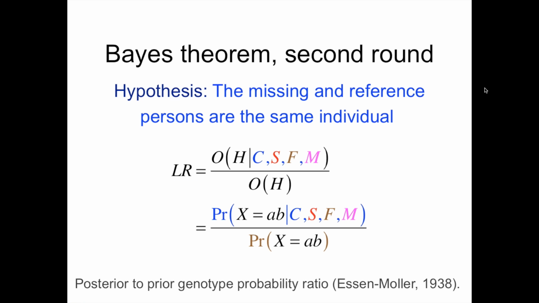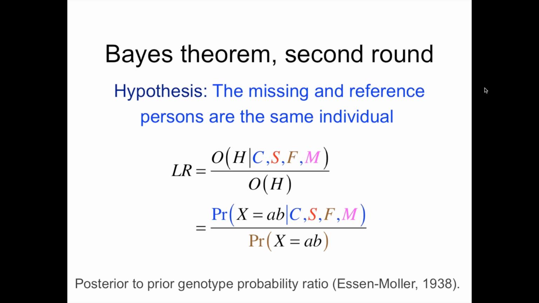And to do that, Bayes' theorem comes in a second time. We used Bayes' theorem the first time in order to infer the genotype of an individual, say a missing person in a pedigree. And now we want to find support for a hypothesis. In this case, a reasonable hypothesis might be that the missing and reference persons are the same individual.